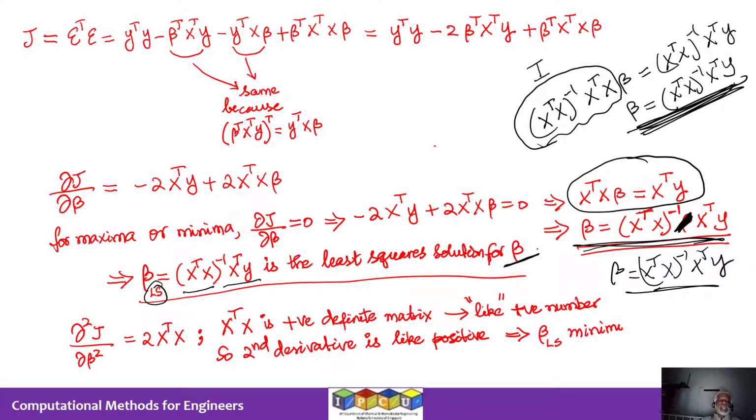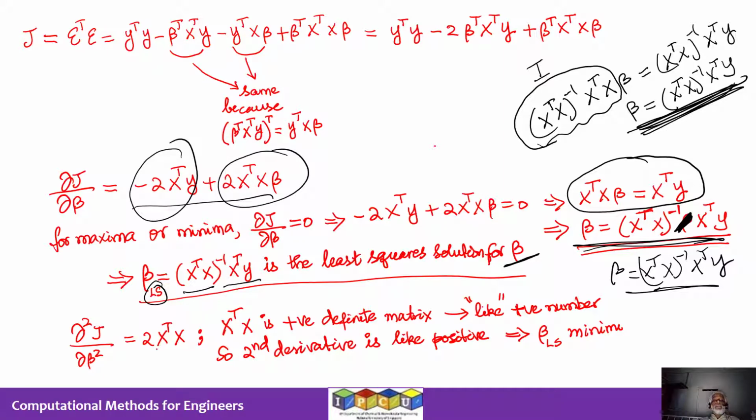Now if you take the second derivative of J with respect to beta, we get dou squared J by dou beta squared. So if you take the derivative of this with respect to beta, this term will contribute 0 because it doesn't contain any beta. This term would contribute 2x transpose x.